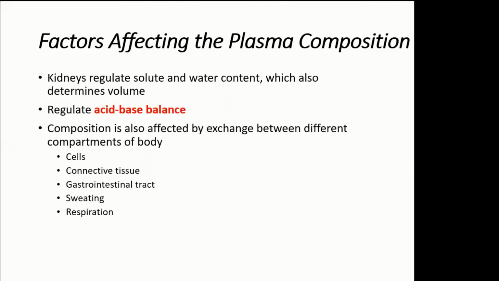We're also going to be thinking about how the movement of water and solutes across different types of cells, including connective tissue, cells in your gastrointestinal tract, and also fluids that you give off, like sweat and the humidity in the air you breathe out, affect the content of the plasma.